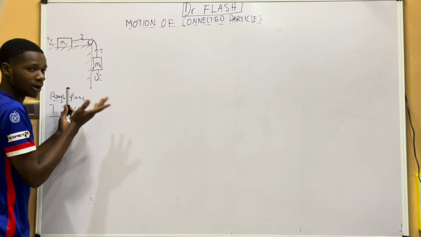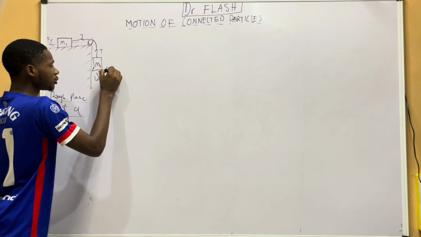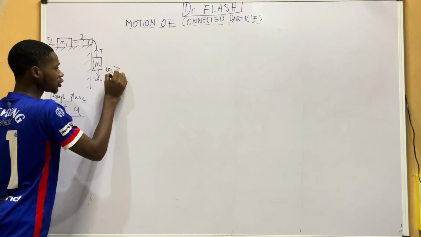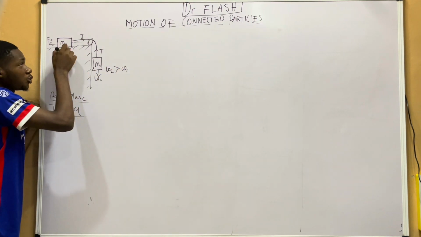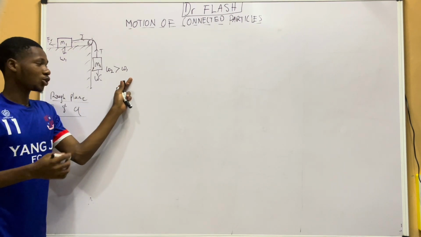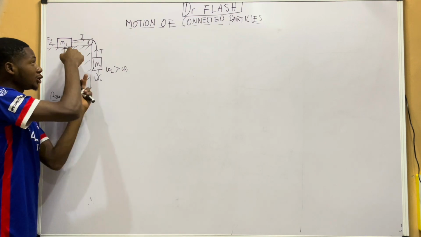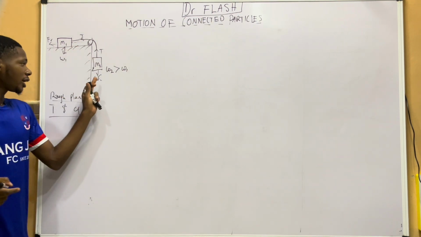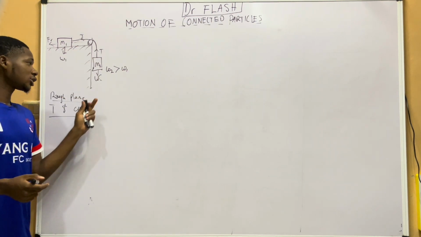Now why are we assuming that? We are doing that because we are assuming also that W2 is greater than W1, where W1 is the weight of this body. So if this one is heavier than that one, it will start pulling it downward. Hence, let's apply the equation of motion to this first body.